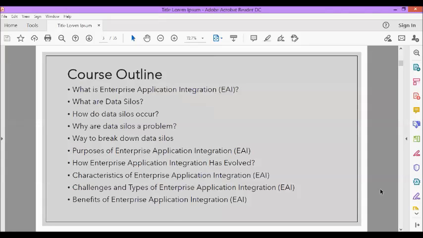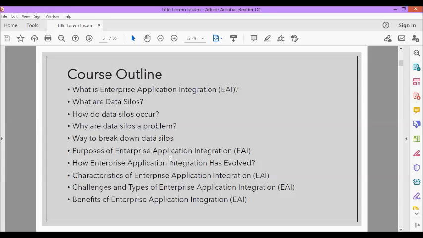So for today, we will be discussing the following topics. What is Enterprise Application Integration or EAI? What are data silos? How do data silos occur? Why are data silos a problem? Ways to break down data silos.